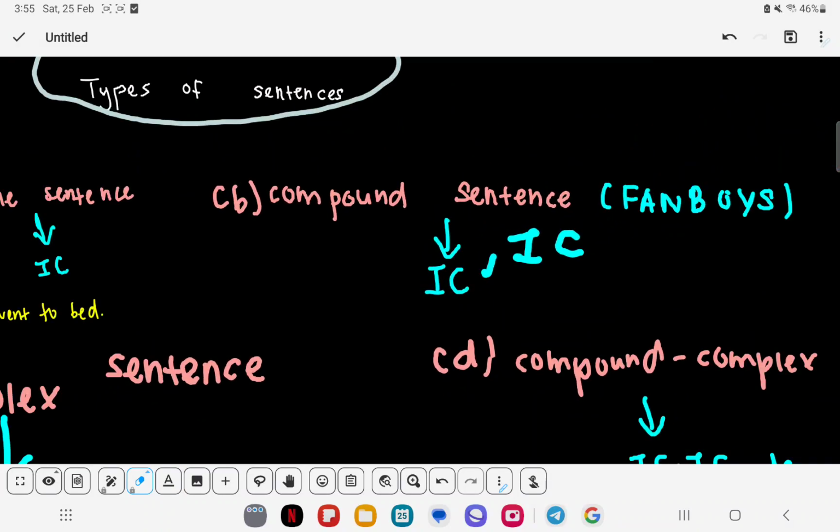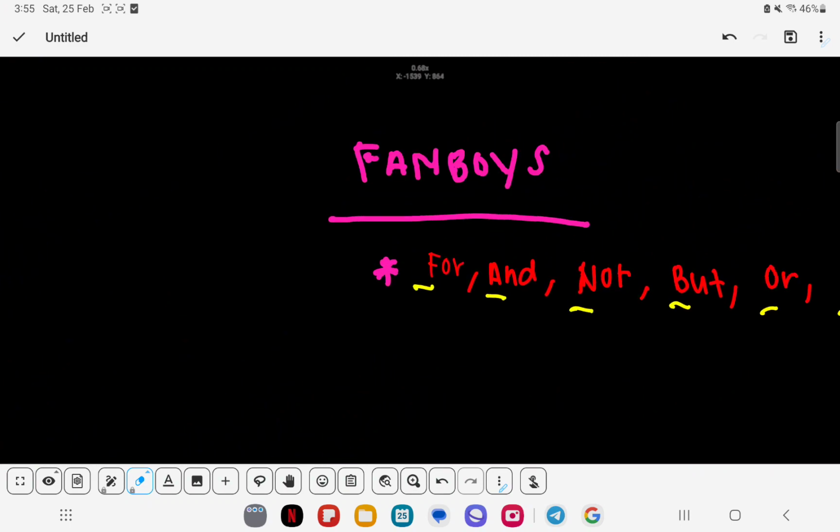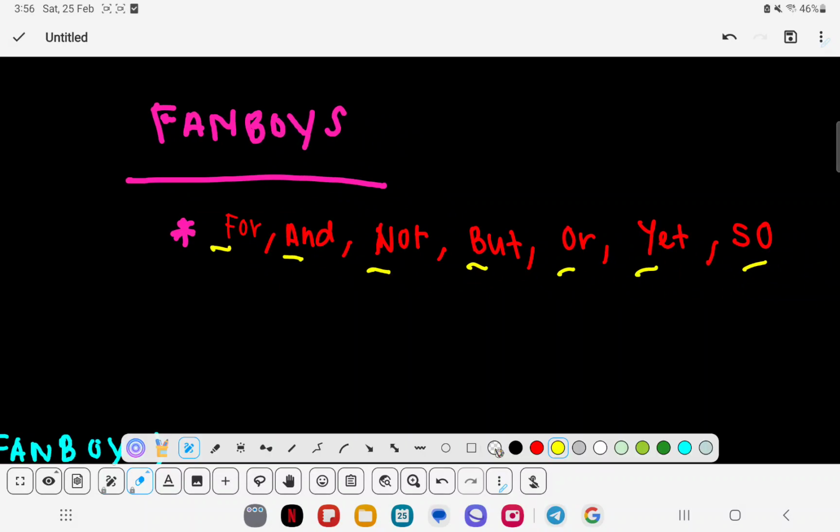Let's talk about compound sentence here. For compound sentence, you need to understand that I wrote here FANBOYS. Before I explain about IC, IC, what does FANBOYS mean? F stands for for, A stands for and, N stands for nor, B stands for but, O stands for or, Y stands for yet, and S stands for so.